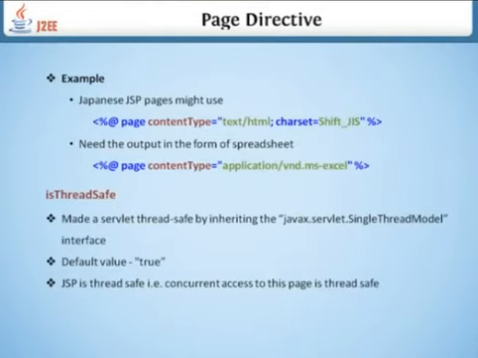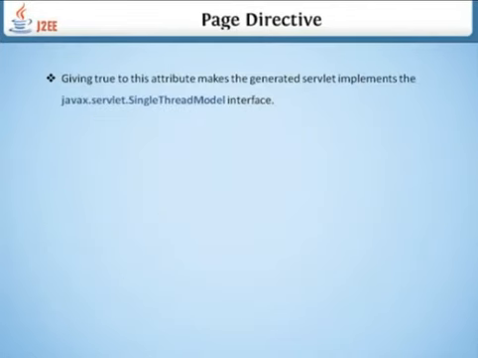With isThreadSafe equal to false, giving that value to this attribute makes the generated servlet implement the javax.servlet.SingleThreadModel interface.